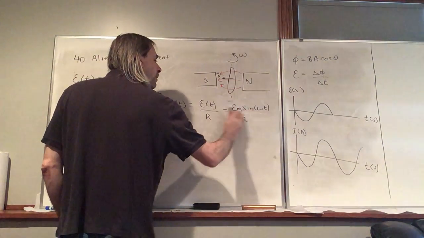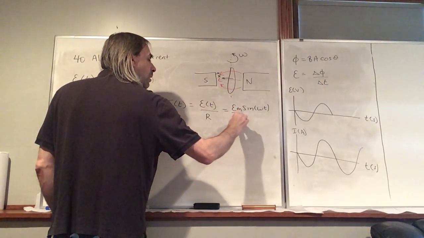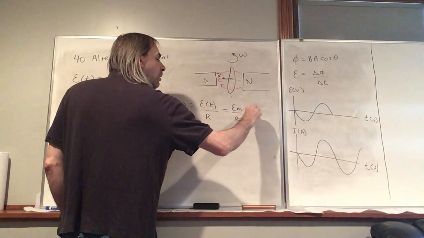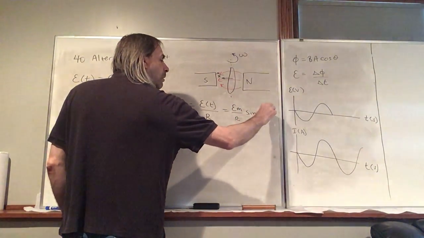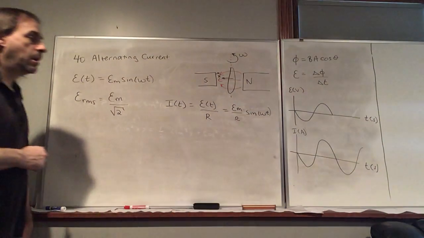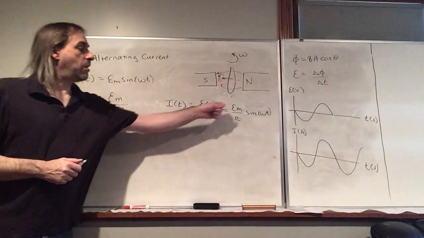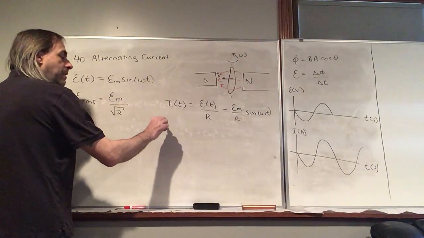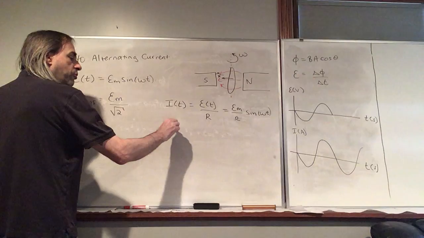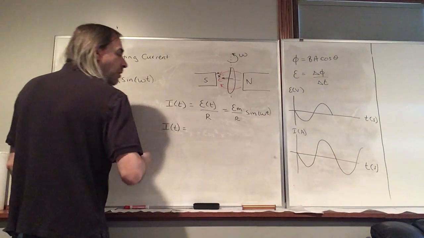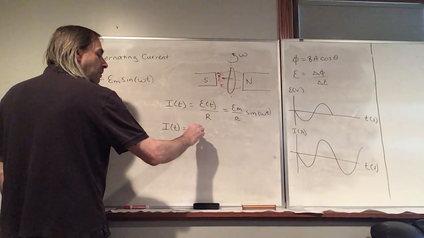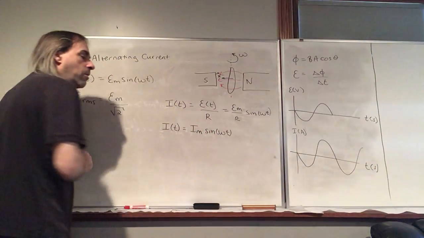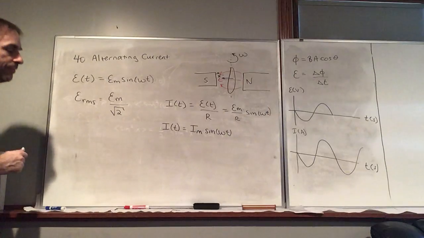Actually, I'm going to do it like this. We'll call this the peak current, the peak voltage divided by the resistance. So the current as a function of time is going to be peak current times sine omega t.